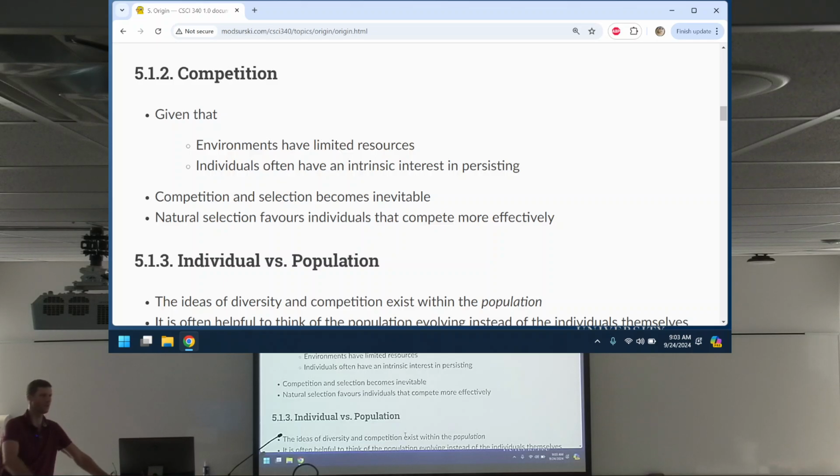Let's say it's 10 in each row. So 10, 20, 30, 40, 50. If 60 people showed up here and they each needed a computer, people are going to have to rush to get to a computer. It's going to happen, whether you like it or not, because there's a limited resource. That's the way it is. So it's necessarily going to happen, whether we like it or not.